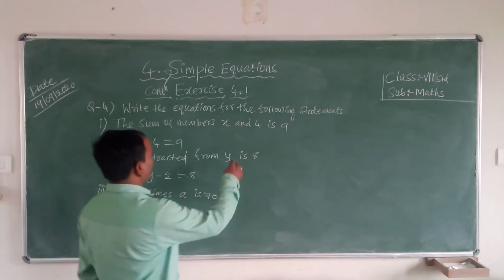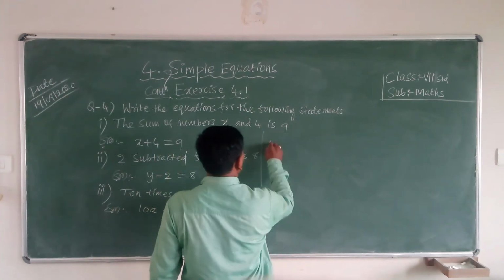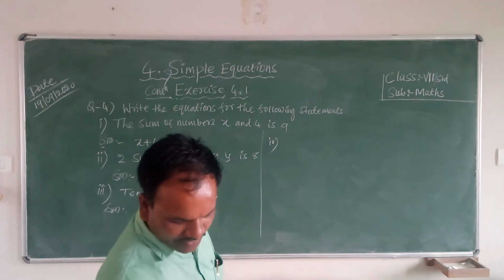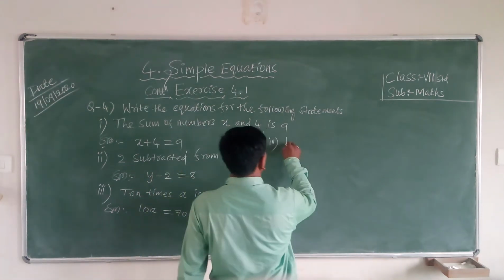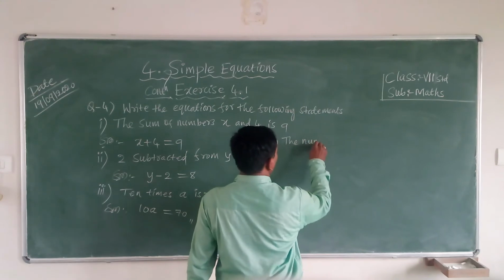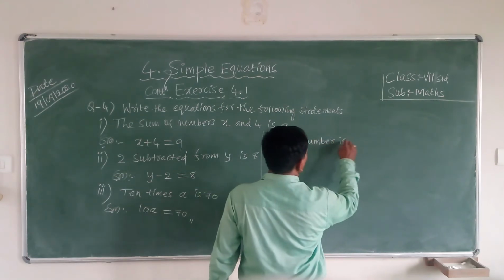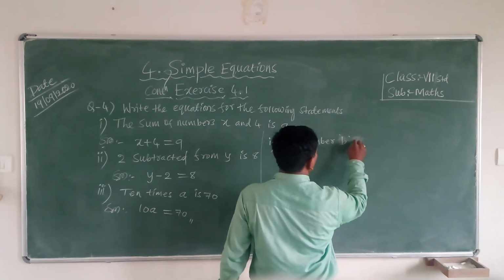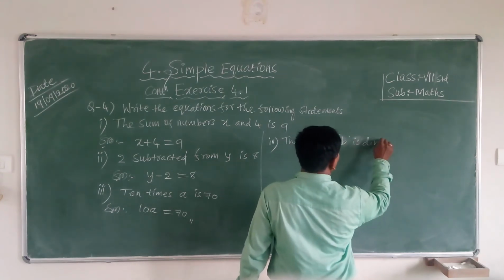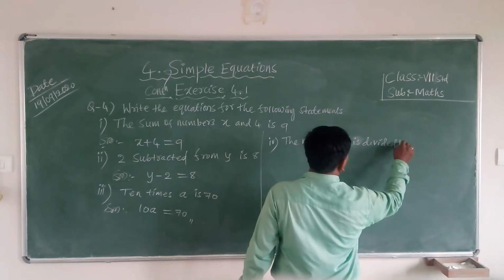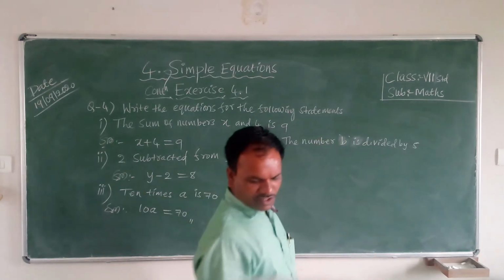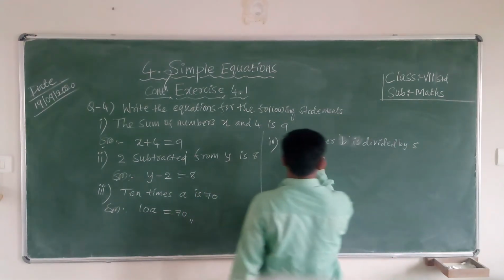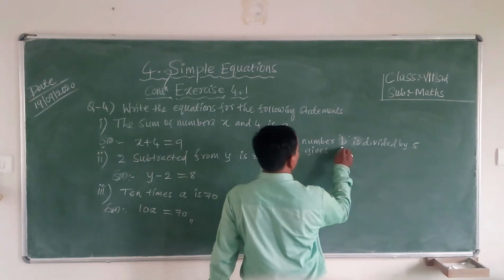So next, fourth one. The number b divided by 5 gives 6.